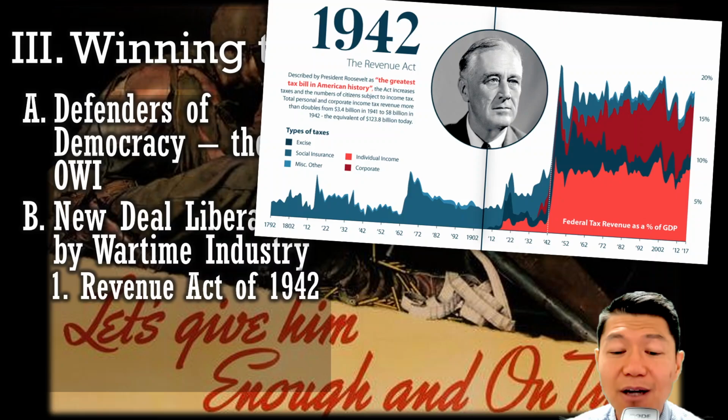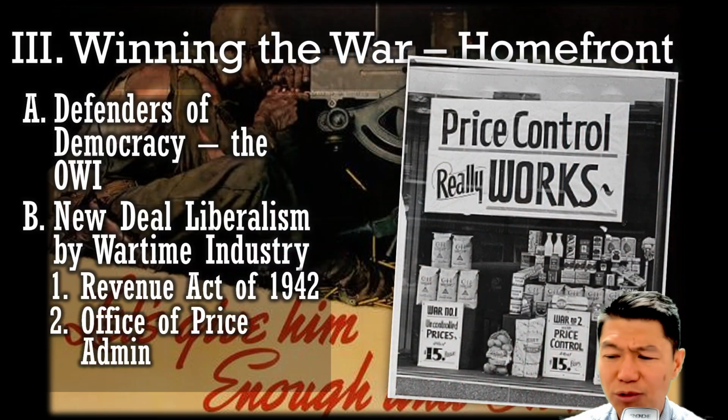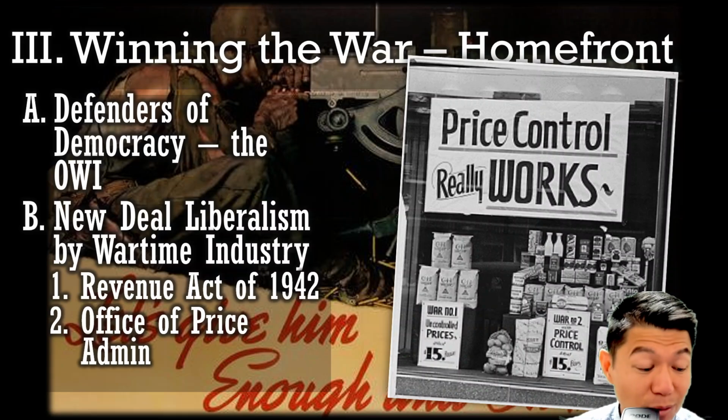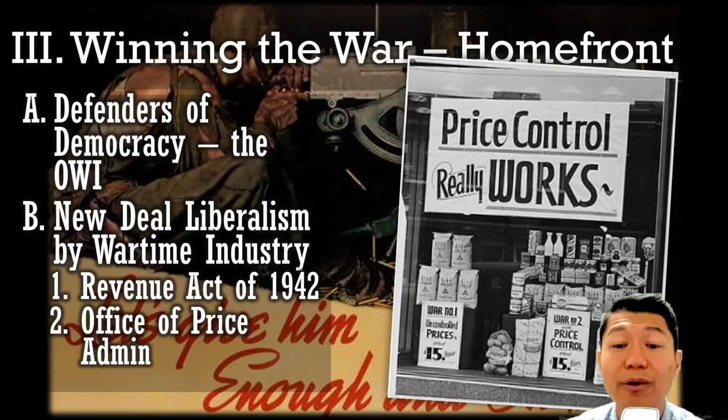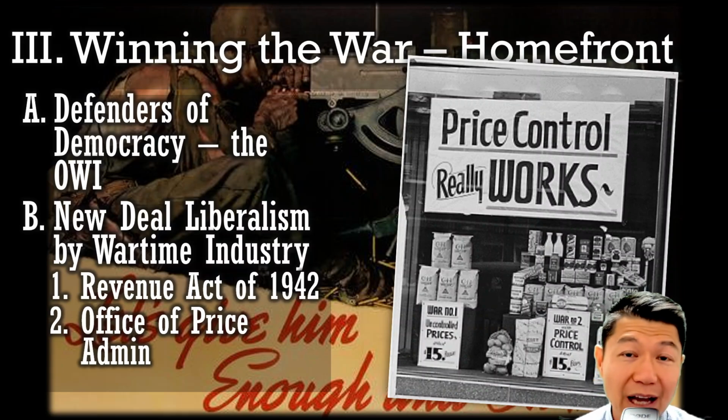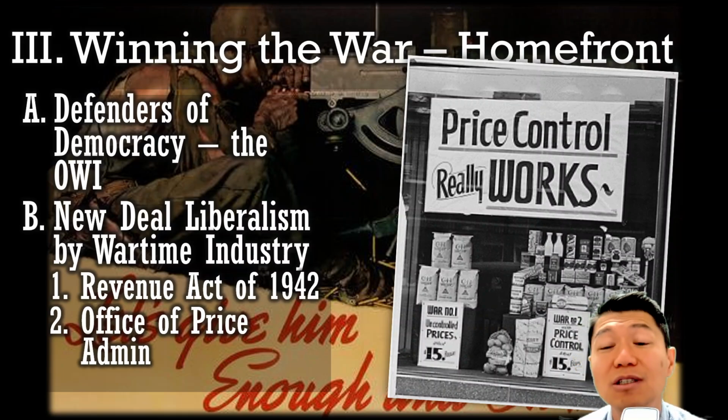Much of this is done by the Office of Price Administration as well, to ensure that there was not a lack of consumer goods, that there would be rationing where there needed to be rationing for things like butter, coffee, sugar, gasoline, and so forth, so that there's enough for the war effort, but there's enough price control such that as inflation does occur, the consumers themselves would not be gouged, and that they would have at least some access to consumer goods during this particular time.